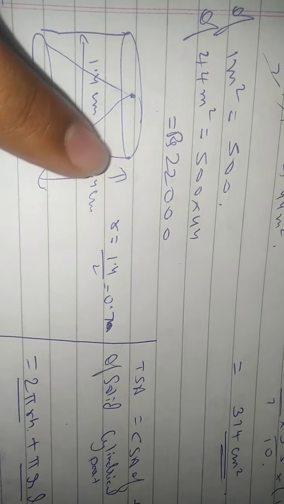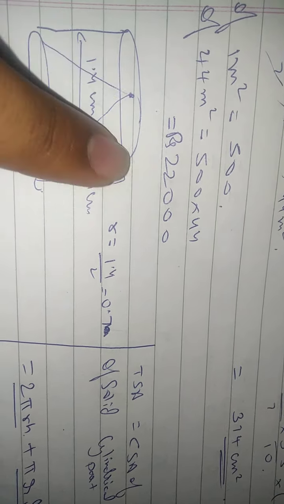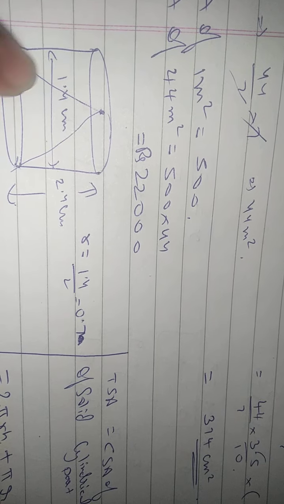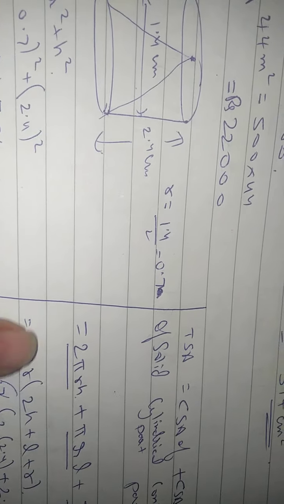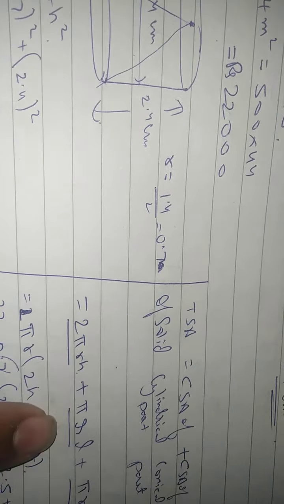Area of the upper end we can say. The base is not there, the upper end is there. This one is the base, this one is the upper end. So the bottom is hollowed out, clearly the bottom is not there, but the upper end is there. So CSA of cylinder plus CSA of cone plus upper end area. Clear? Now 2 pi r h plus pi r l plus pi r square. So correction: the base is not there.